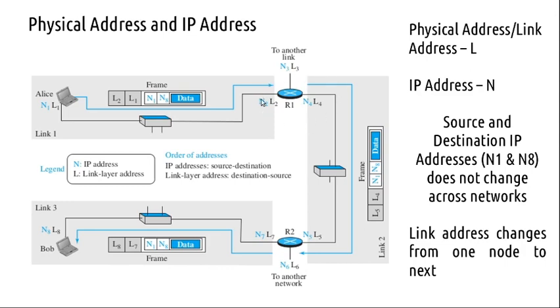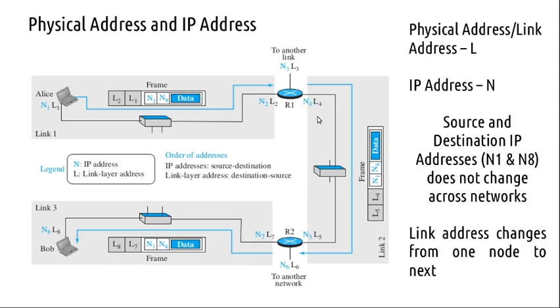The routers will have more than one interface, n interfaces. Each of these interfaces should have an IP address as well as a link address. The router knows that Bob's network is in this particular direction and path. It could have sent it through L3, L4, but it knows that Bob's network can be reached only through interface L2. How does the router get to know that?